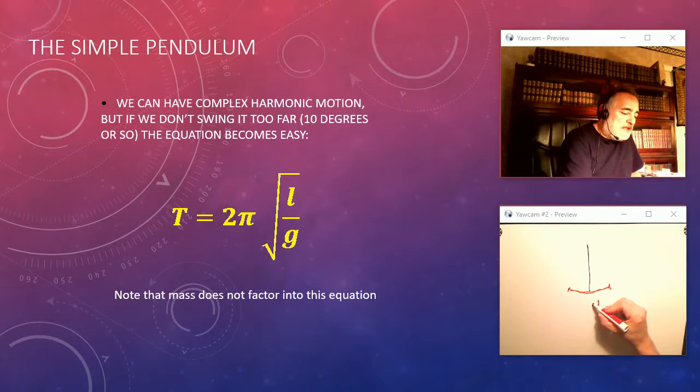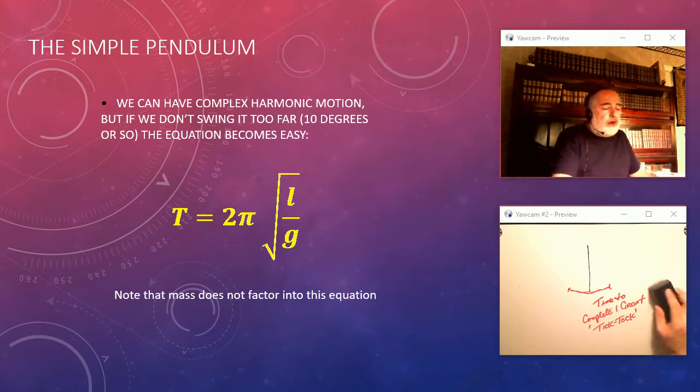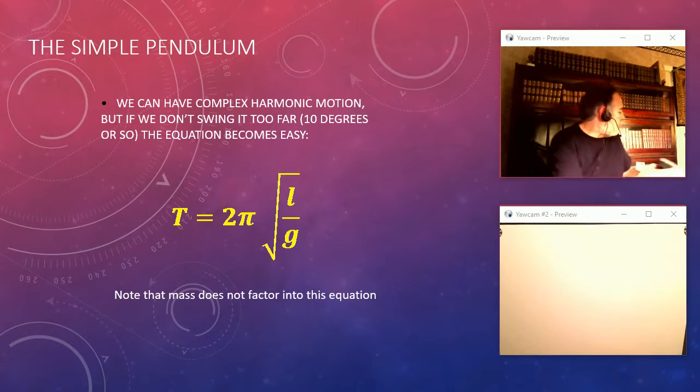So the time to complete one circuit, or a tick and a tock together, if we were thinking of this as a clock. So again, this is a very simple equation. Probably the easiest assessment you'll have in this class would be your last one, this one here.